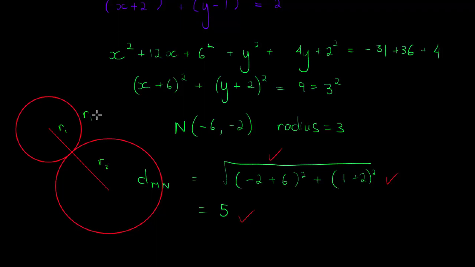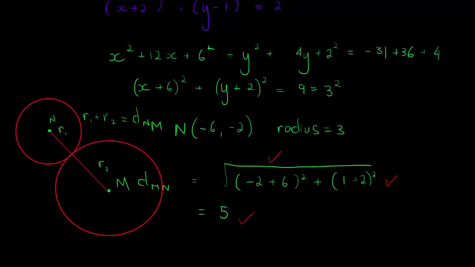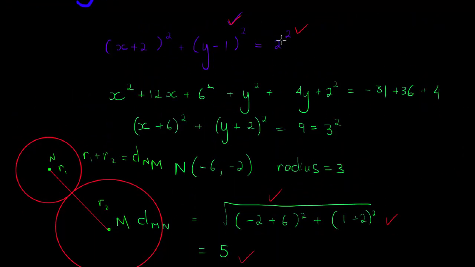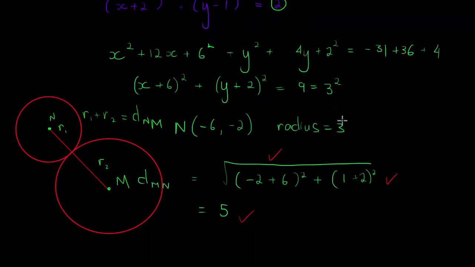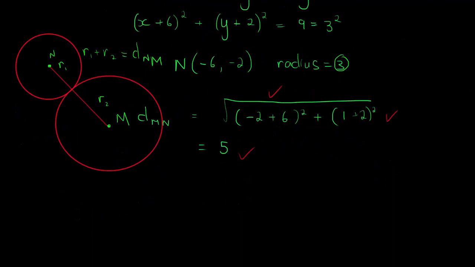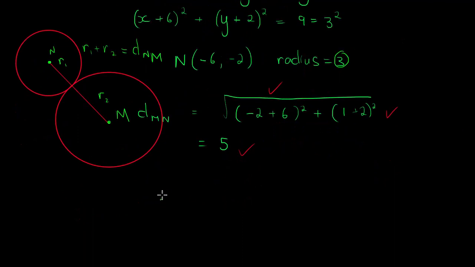So R1 plus R2 is equal to the distance between the centers, D. It doesn't matter which one is N and which is M, but we notice that in the first one the radius is 2, in the second one the radius is 3, and the distance between them is 5.